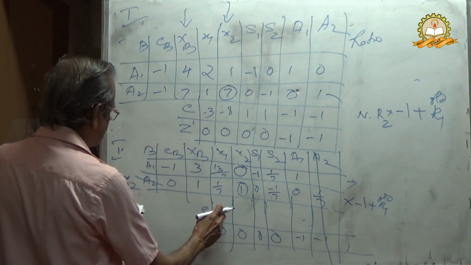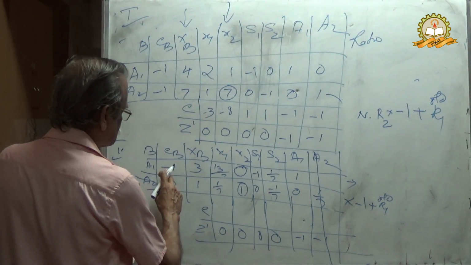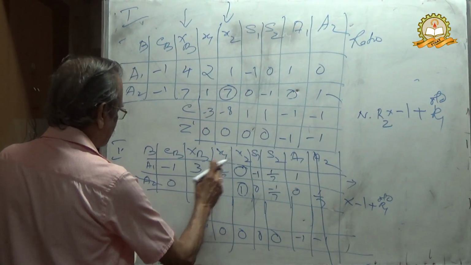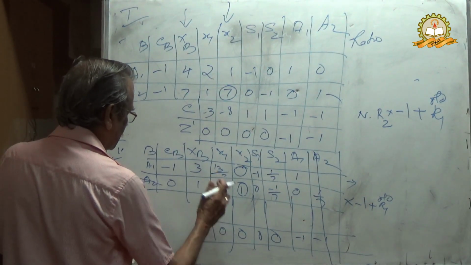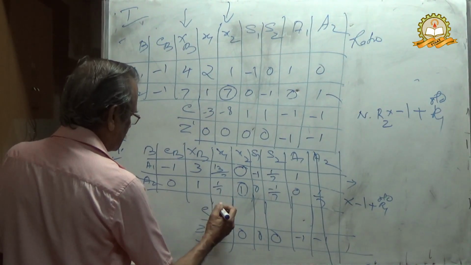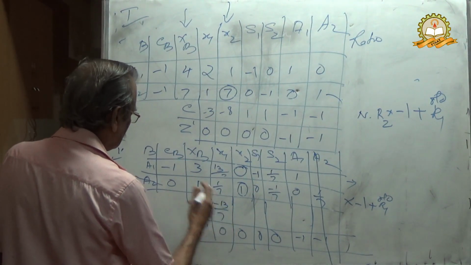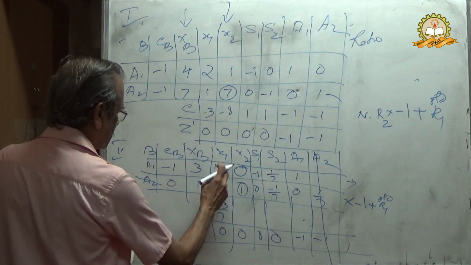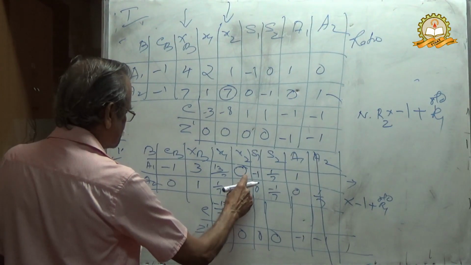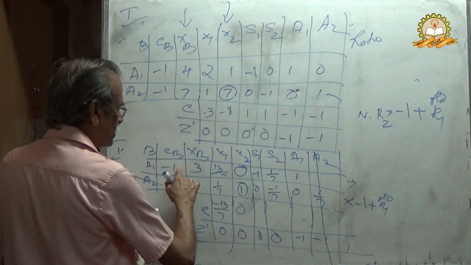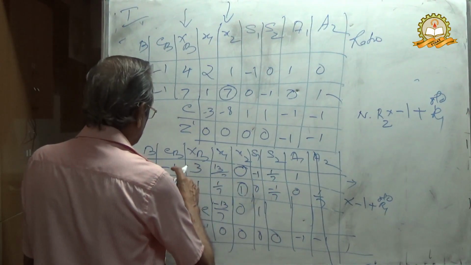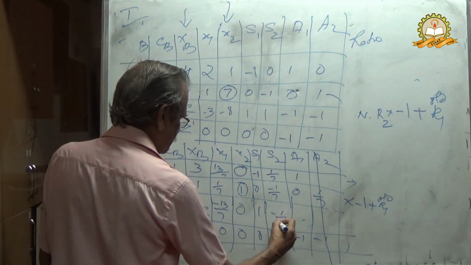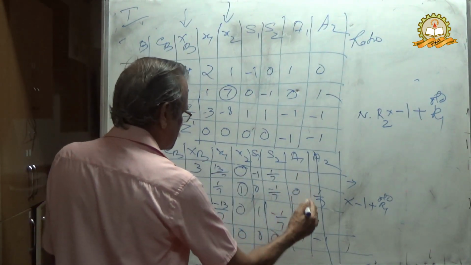Now, filling C, you have minus 1 into 13 by 7 plus 0 into 1 by 7. Therefore, 13 by 7. Then minus 1 into 0, therefore this is 0. Then plus 1 into minus 1 by 7, then this into this, minus 1.